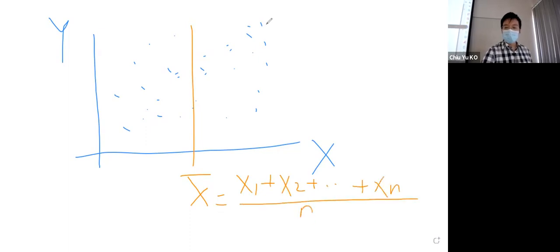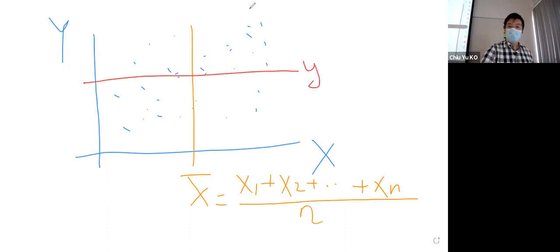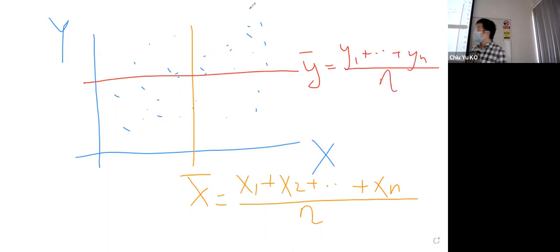Same for y bar, which is y1 up to yn divided by n. So the best line you can imagine will be a line that passes through the center of the data. This is a point where the line must pass through.